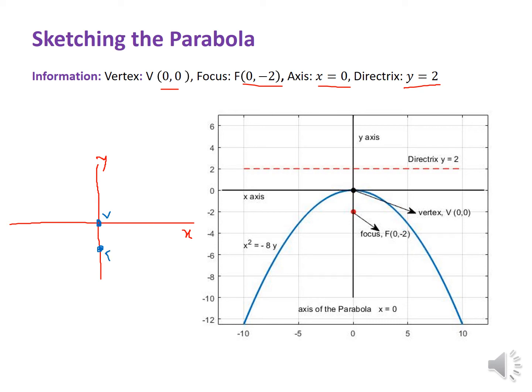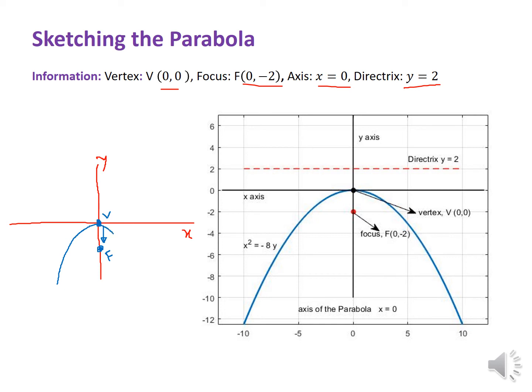So this is the vertex and this is the focus. From here we can see that from the vertex the focus is directed downward. So the shape of the parabola, or the arms of the parabola, will be directed downward.